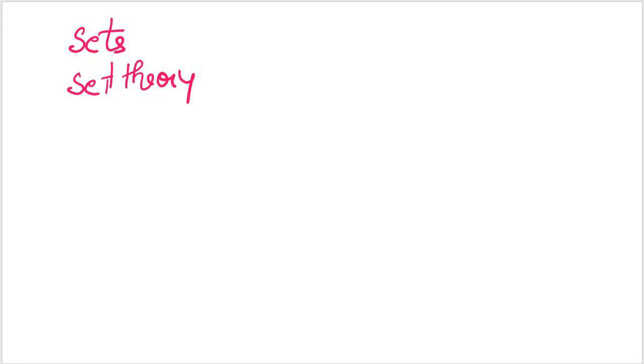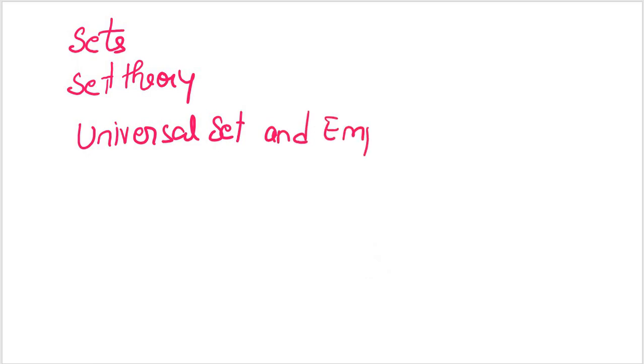We had a discussion on the universal set and the empty set, and the universal set and empty set are not the same. These two things are different, right? One is the universe of discourse, which includes everything. The empty set is a null set, which does not include anything, not a single thing.